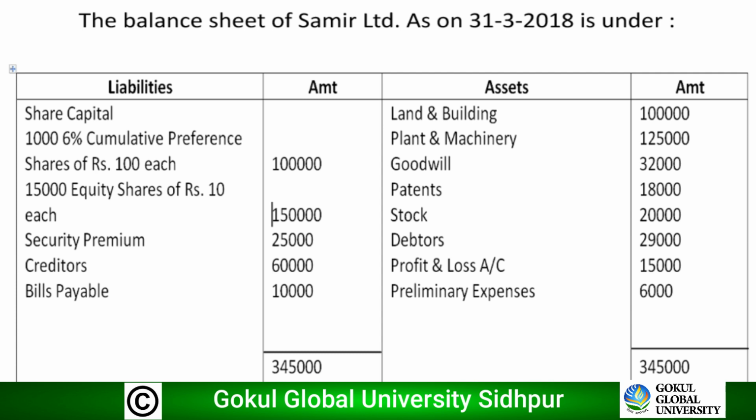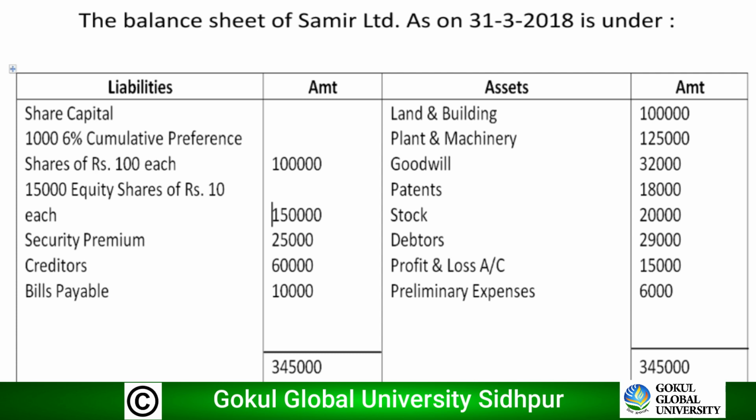Next, here is the sum. The balance sheet of Summit Limited as on 31st March 2018 is under. Liabilities and assets. See liabilities, share capital: 1,000 6% cumulative preference shares of ₹100 each, 1 lakh. Next, 15,000 equity shares of ₹10 each, 1,50,000. Next, security premium 25,000.